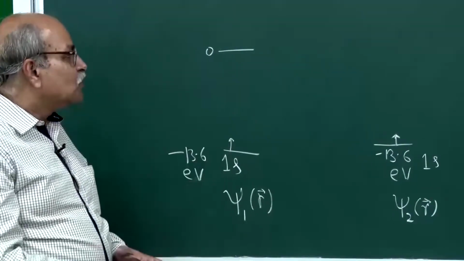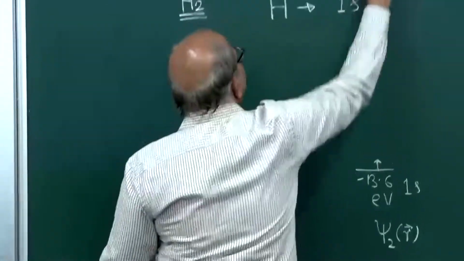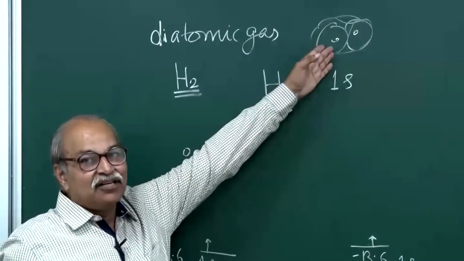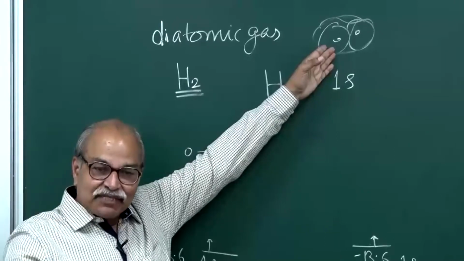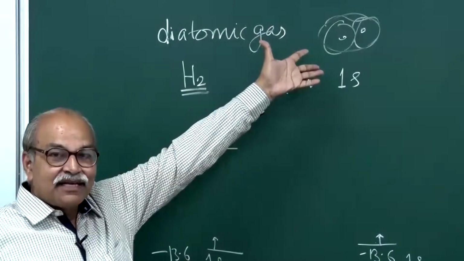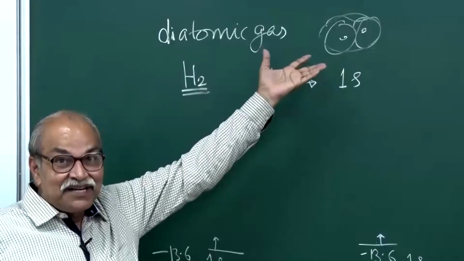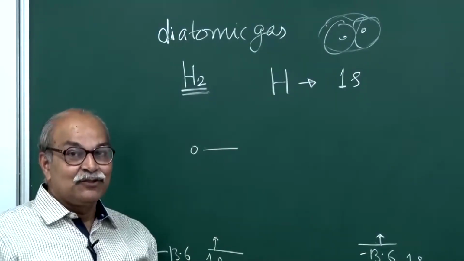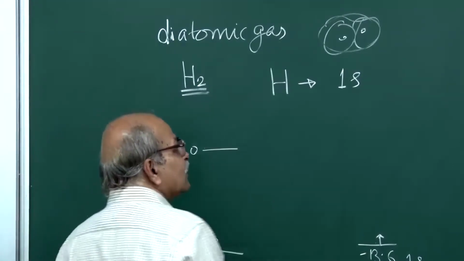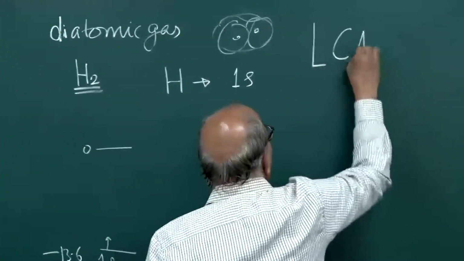Now when they come close and two hydrogen atoms they form a single system, how do I write energy of this? So there are mathematical procedures to solve the Schrodinger equation in this particular case, and exact solution could be very, very difficult, but then there are methods to get almost very nice results, and one is called LCAO.